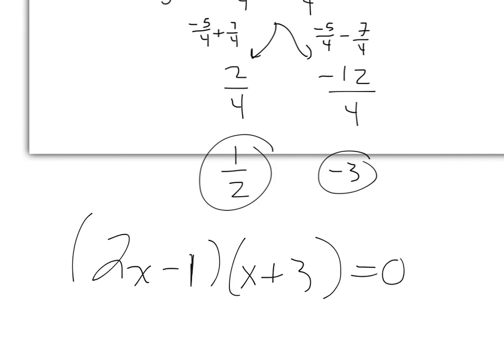What would this give you if you set it equal to 0? It would give you -3. Set this equal to 0: you would add 1 and then divide by 2, giving you 1/2. So if you solve by factoring, you get the same answers, obviously. But completing the square is important when you can't factor. If you can factor, go ahead and factor. This was just proof that you get the same answer.